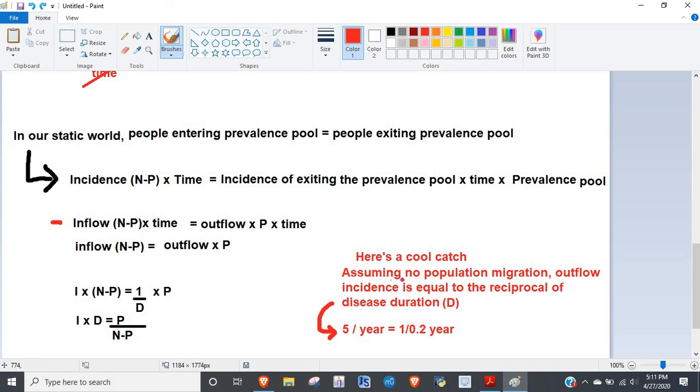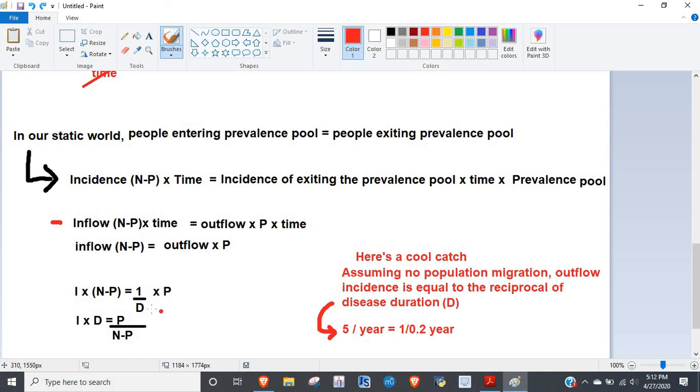So now we can actually end up replacing the outflow incidence with the reciprocal of the disease duration. So let's do that. So now you get the inflow, or incidence, whatever you want to call it, times n minus p is equal to 1 over the average duration times p.